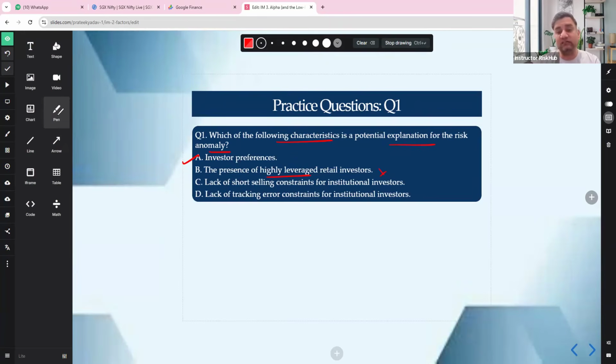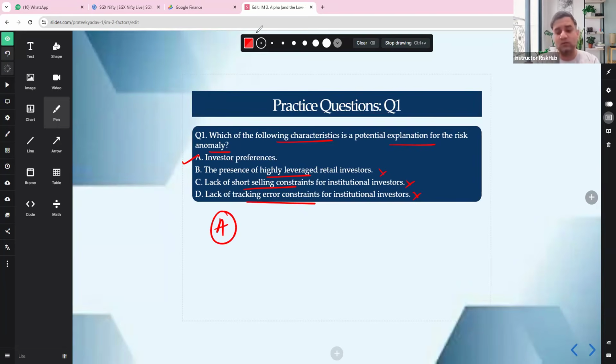Lack of short selling constraint for institutional investors, wrong, because even though you are an institution, short selling constraints exist. Lack of tracking error constraint for institutional investors, wrong, again, there are constraints. So there are short selling constraints and tracking error constraints for institutions. So investor preference is the answer, right? Lack is wrong, and presence of highly leveraged retail investors is wrong, since retail investors are not highly leveraged.